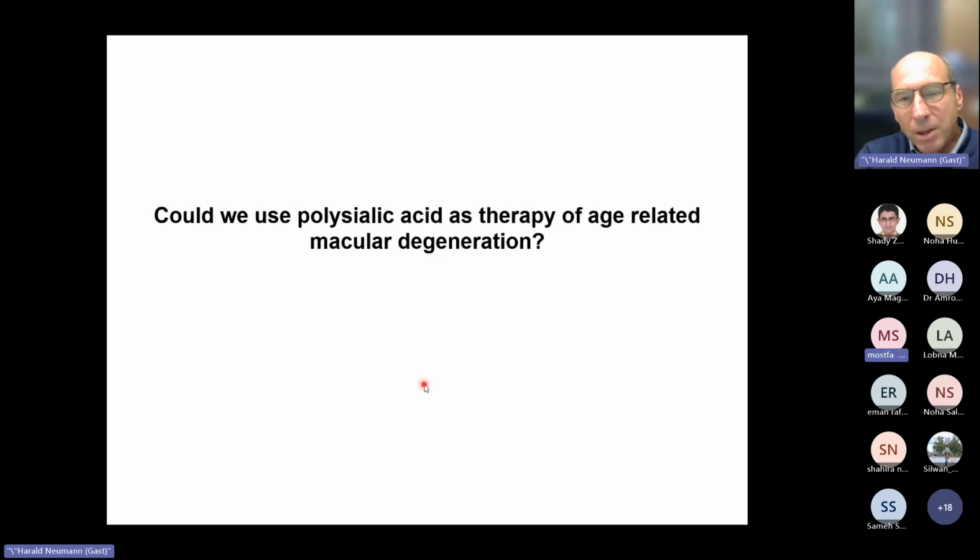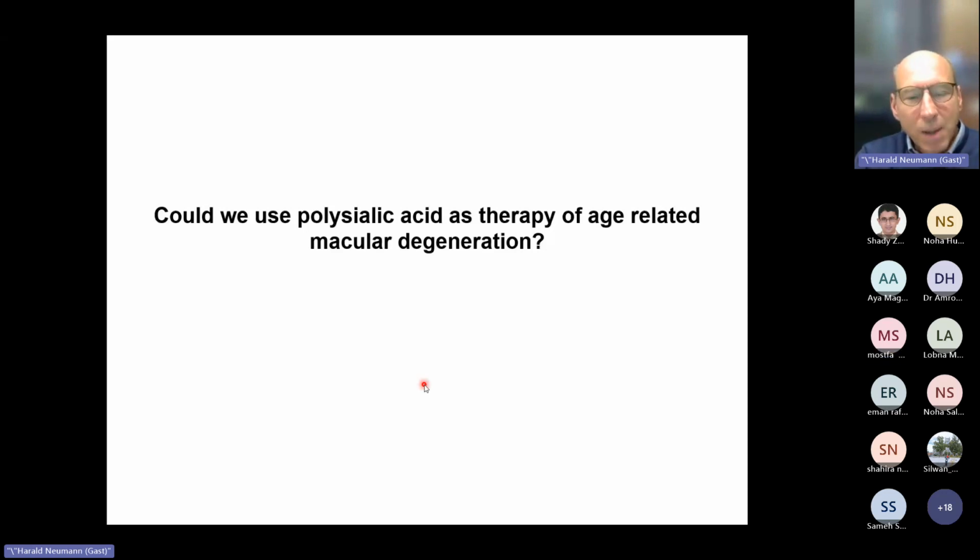So now we are coming to a human disease, which is called age-related macular degeneration. And we developed a therapy approach for this disease. And finally, I will show you that this is now also going into clinical development, and that it's in the US in a phase 2 clinical trial for this age-related macular degeneration.